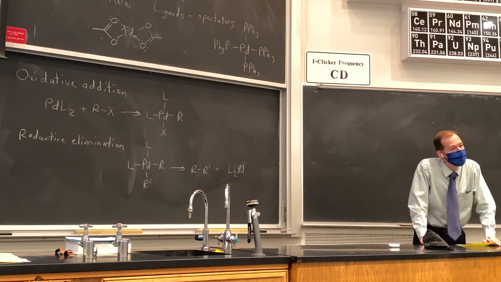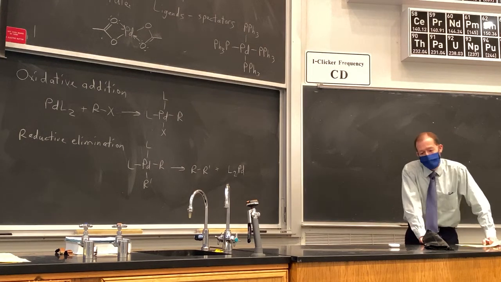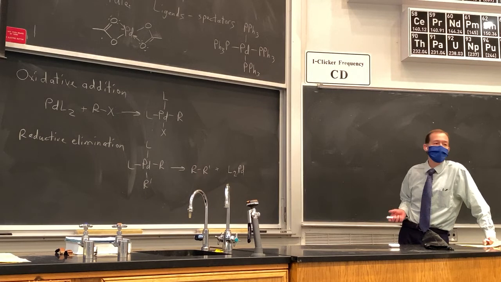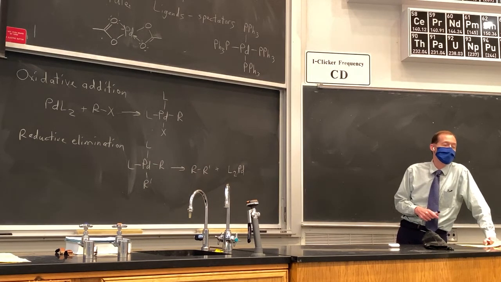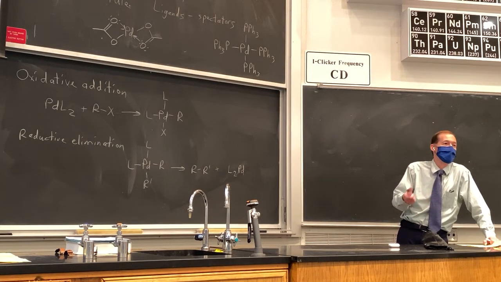Yes? So you're not going to do an oxidative addition into a carbon-carbon or a carbon-hydrogen bond. Those are too strong. So that's why we have oxidative addition only into the carbon-halogen bonds, because those are weaker.